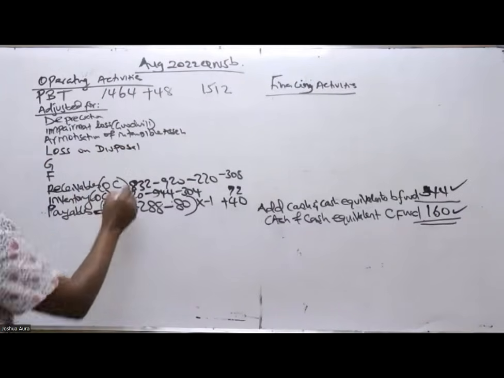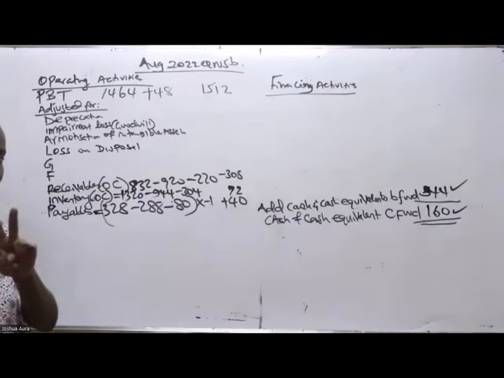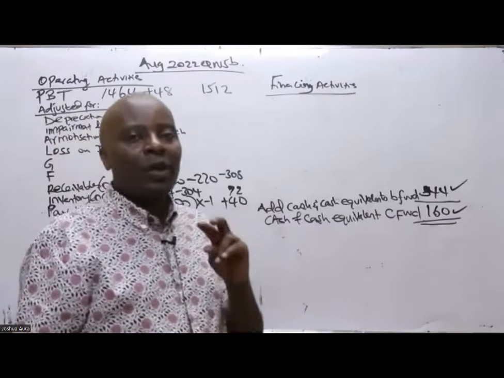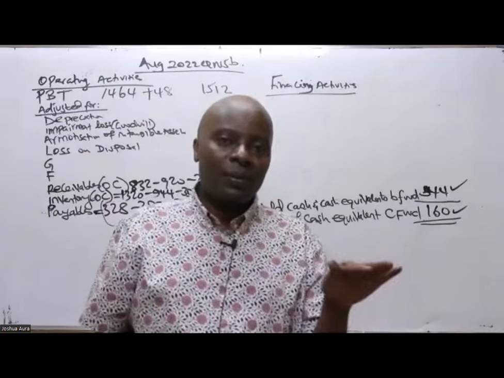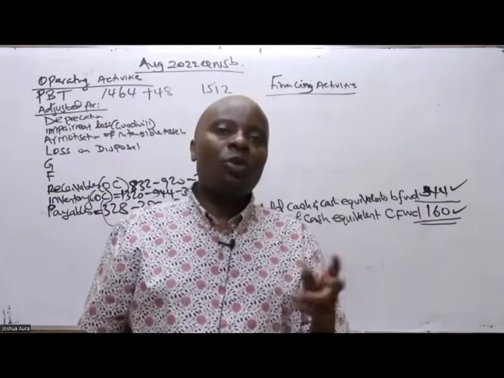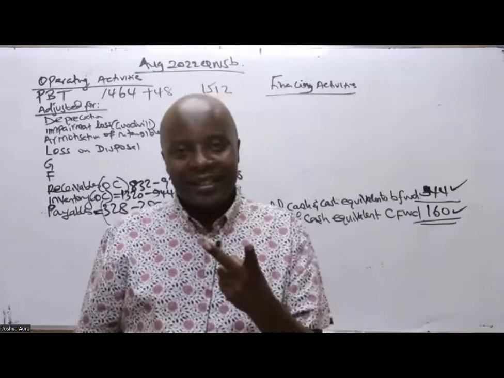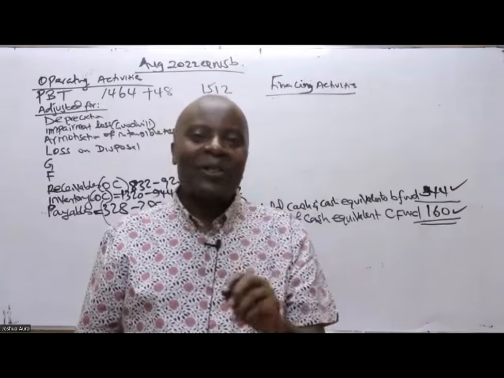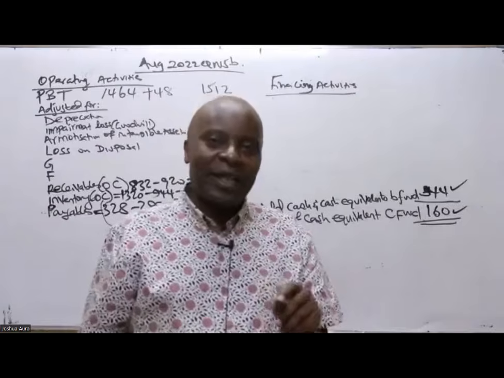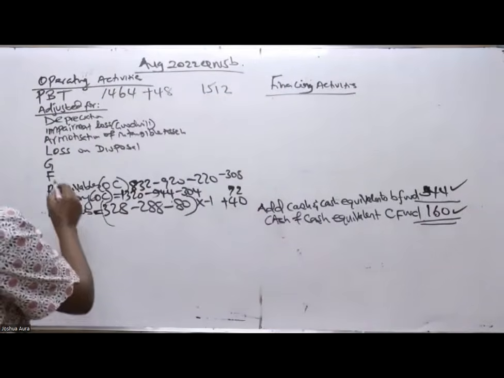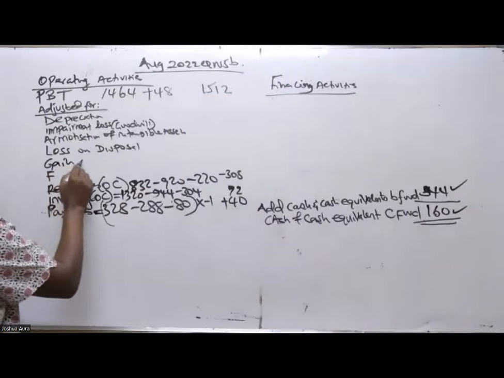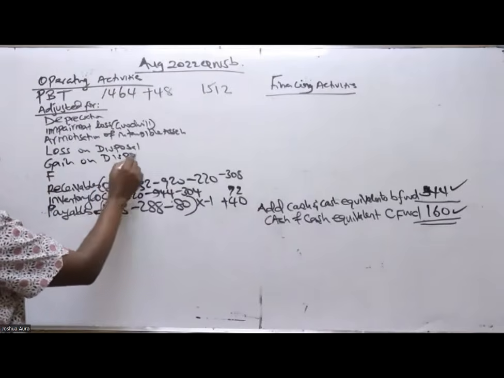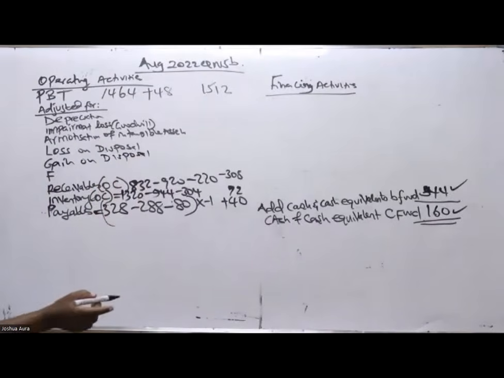Remember, when we talk of loss on disposal, it is a loss on disposal of assets or a loss on disposal of a subsidiary. So you'll have to check the subsidiary that was disposed: did we make a loss or did we make a profit? And then here we have gain on disposal.